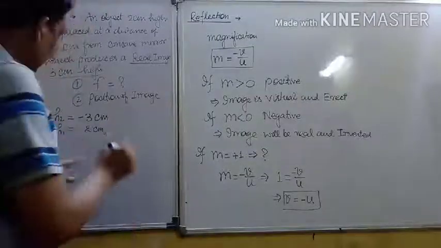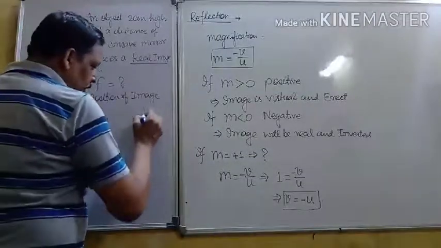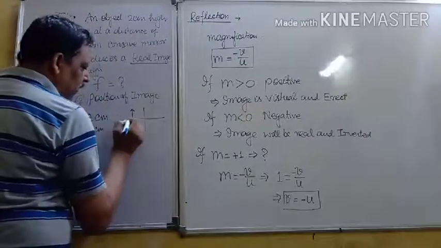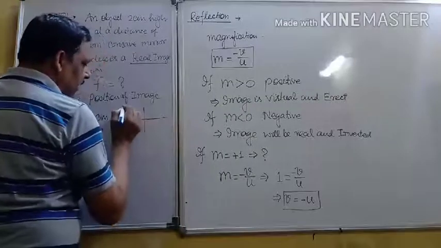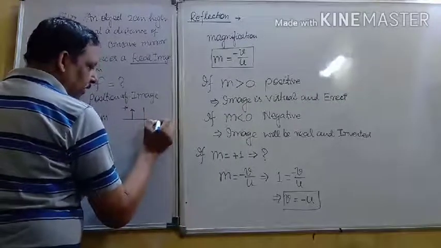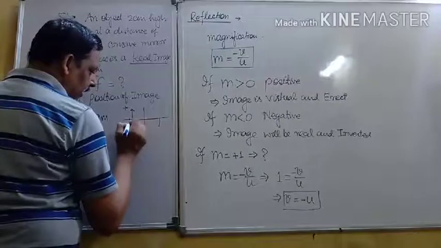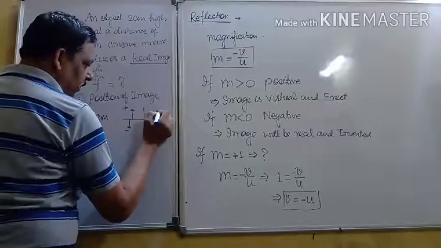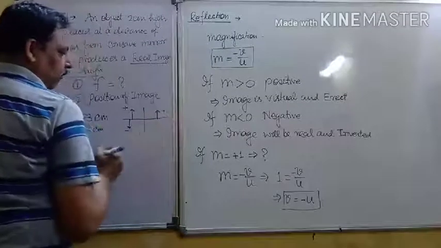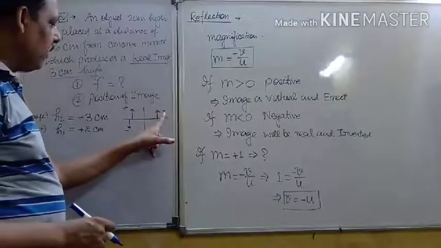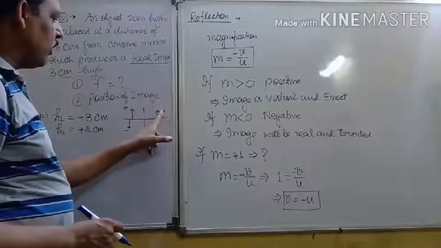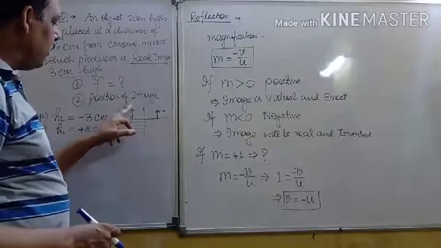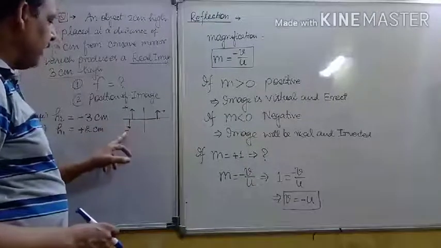You have to remember, if the height is above the x-axis, then it is positive, and if it is inverted, then it is negative. Height of a virtual image is also positive, height of a real image is inverted, so it is negative.